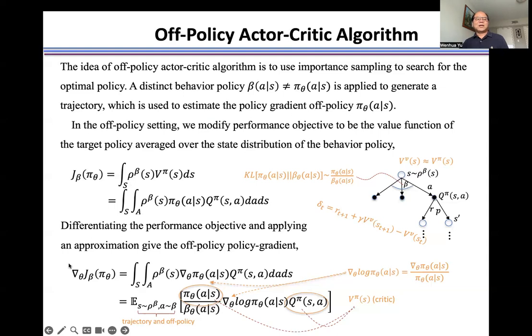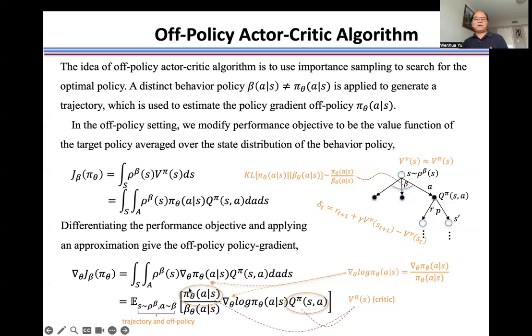To do so, we need to get the gradient of the modified objective function, and then we calculate the derivative of the policy here, and again we use this formulation. We have this pi and this Q. Q is unknown, so we cannot use Q as a critic to evaluate the policy.